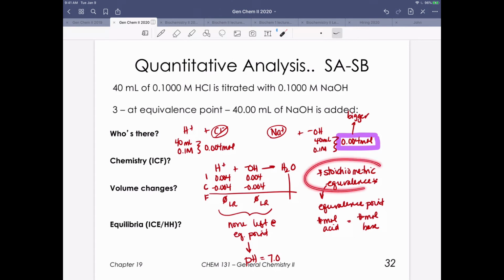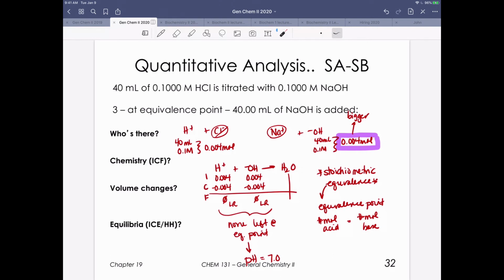So again, this is what we call stoichiometric equivalence, and that's when we have the number of moles of acid that are reacted equals the number of base that are added from our burette. Again, you don't need to do anything with the calculation. If you know that you have a strong acid, strong base titration, the pH at the equivalence point is going to be equal to 7.